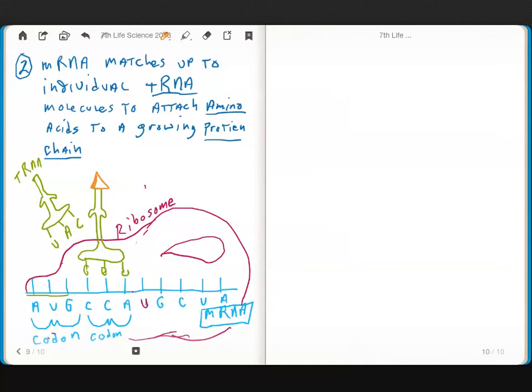Here is one of the 23 essential amino acids here. Here's another amino acid attached to this tRNA. We'll make it round. This is an amino acid.